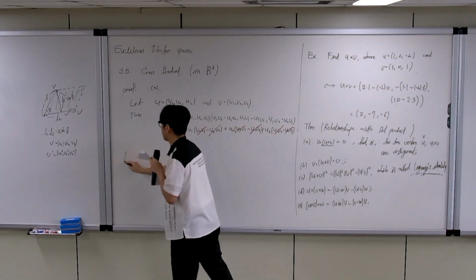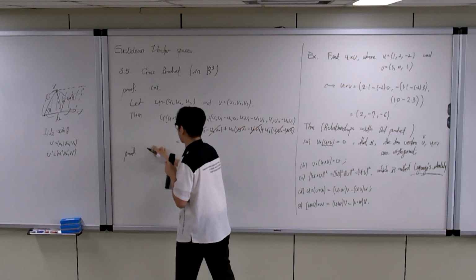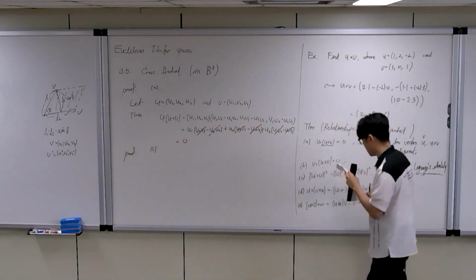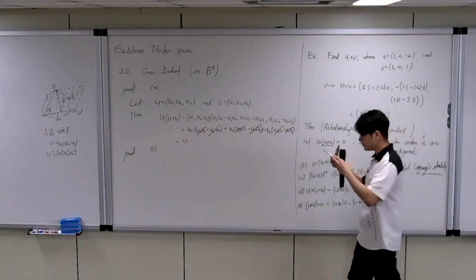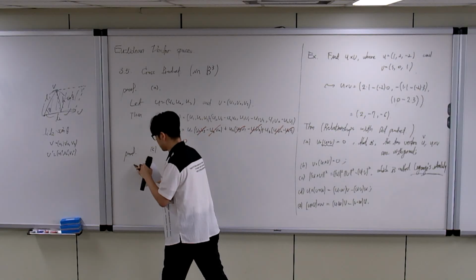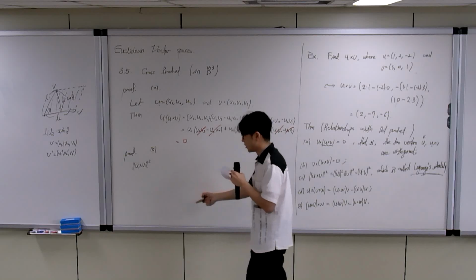So I will skip B, and let's calculate C. In statement C, we should calculate the norm of the cross product.